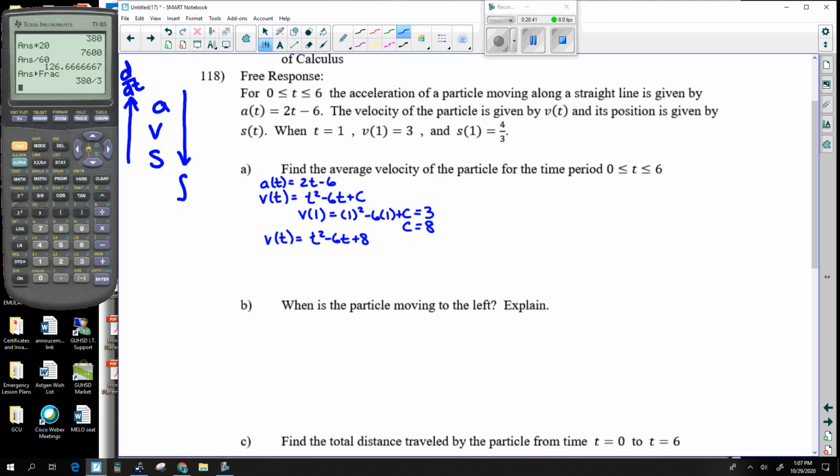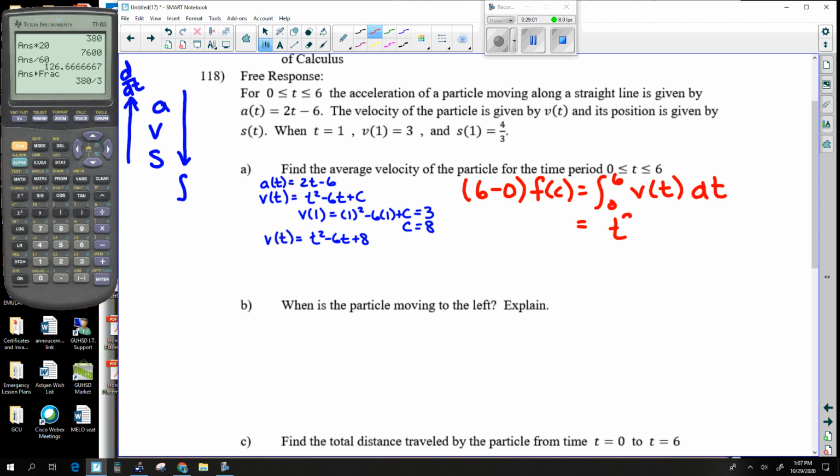All right, so if I'm after the average velocity, that would be on the time frame from 0 to 6 of the average value, and that's going to be the integral of the velocity itself. That will give me the average velocity. So I integrate velocity.